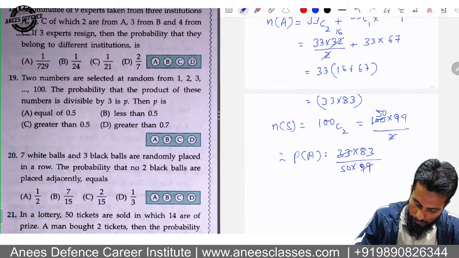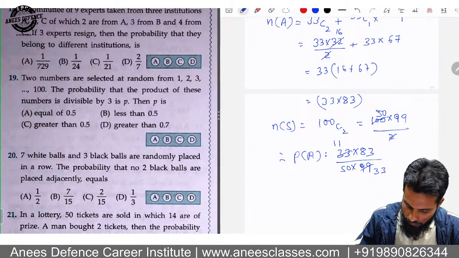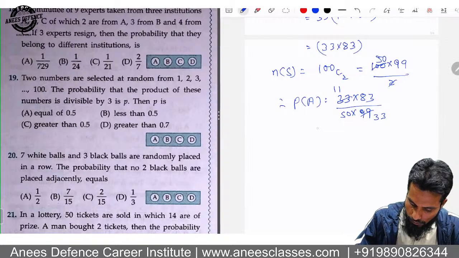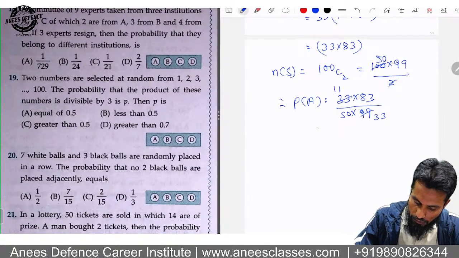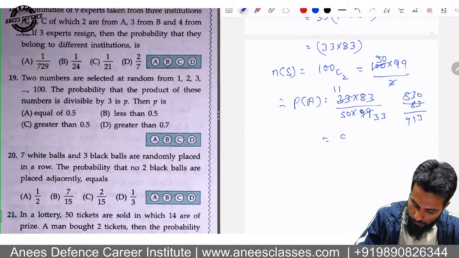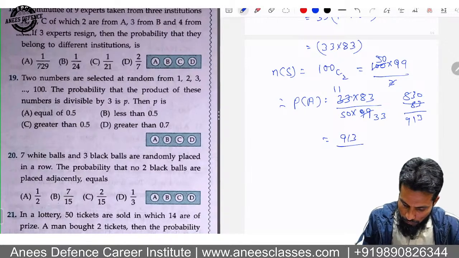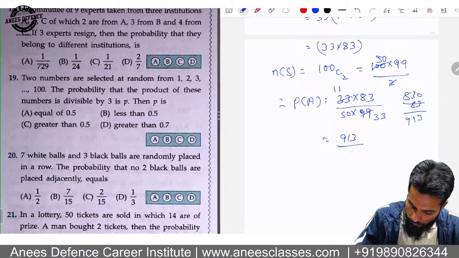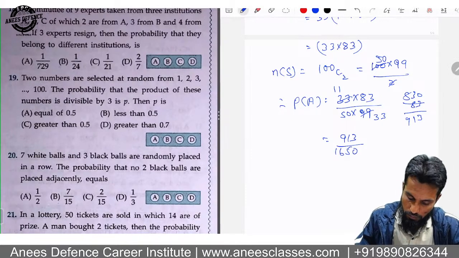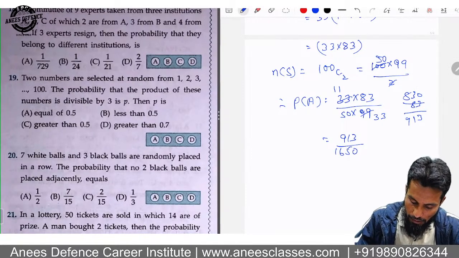You can cancel 3 with 99, giving 11 times 33. 11 into 83 you need to multiply now: 830 plus 83 gives 913. And 50 into 33 is 1650. So take out the decimal value of 913 upon 1650.